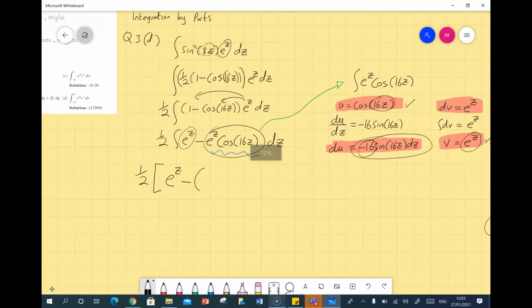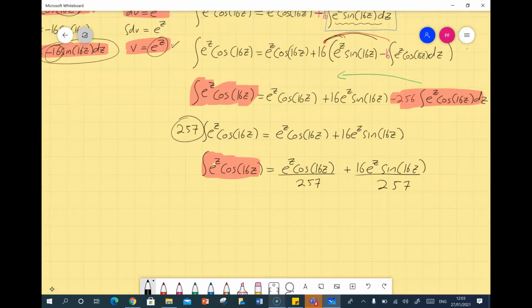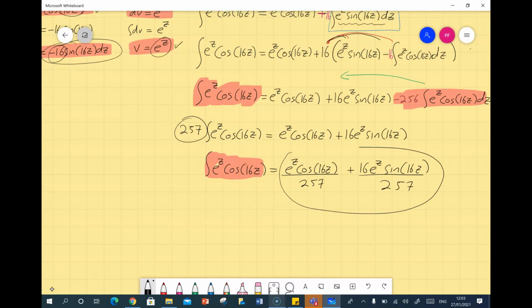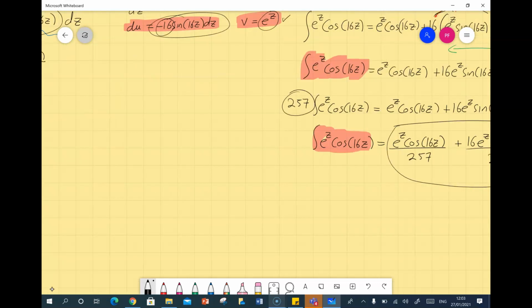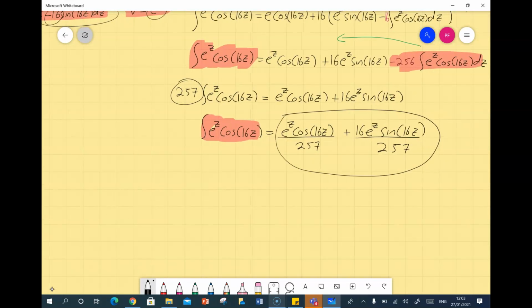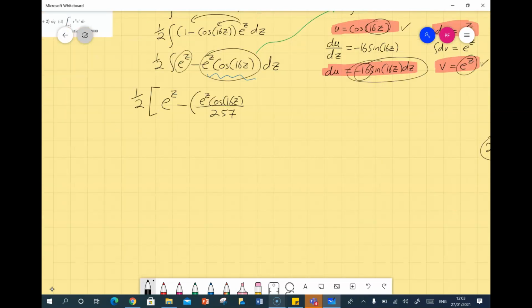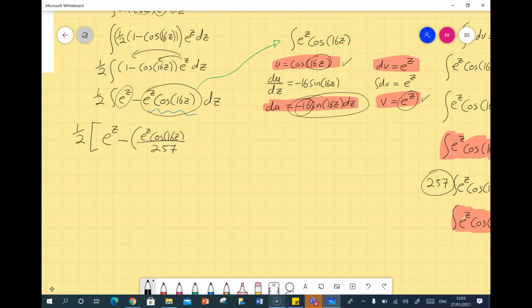Well, we just found him out a second ago. It's all of this guy here. e to the power of z cos 16z over 257, plus 16 e to the power of z sine 16z over 257.